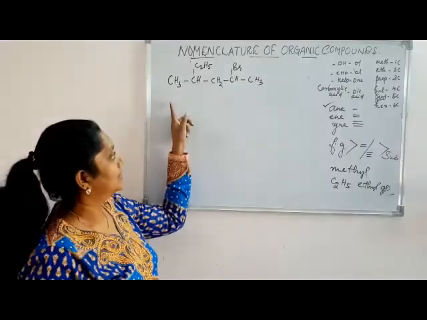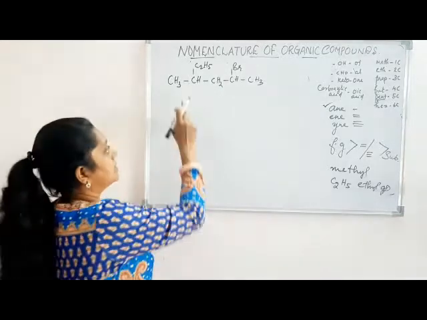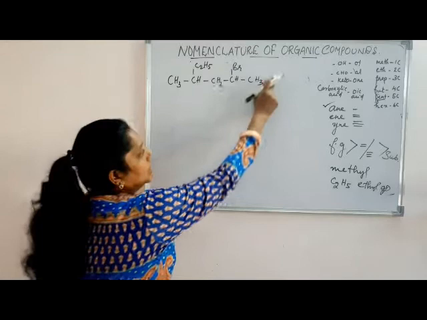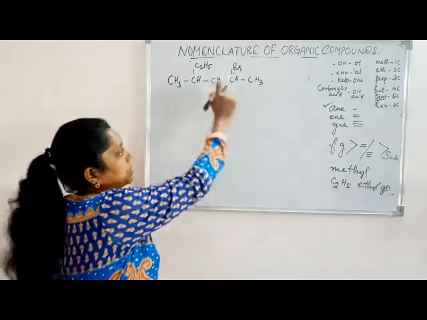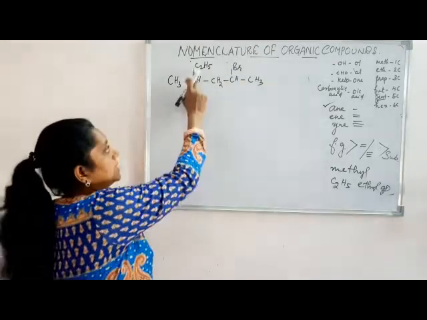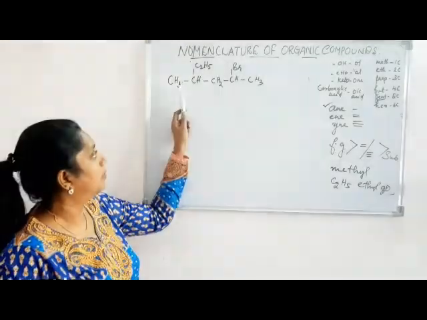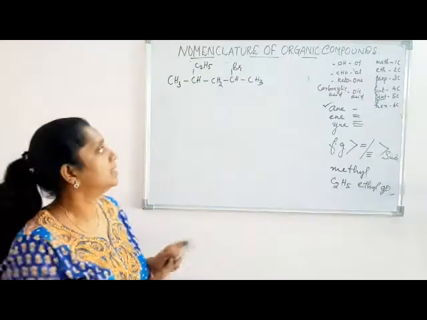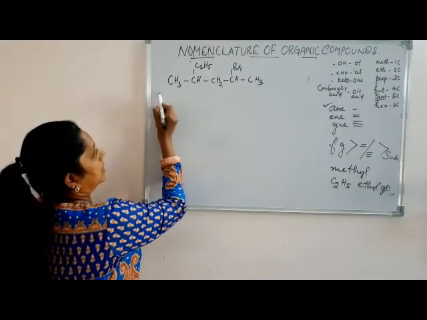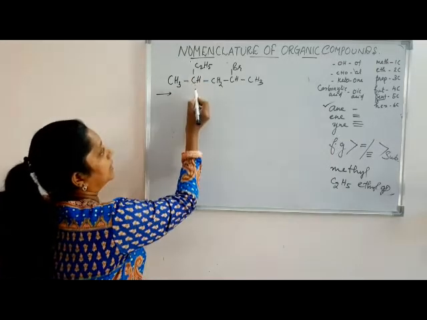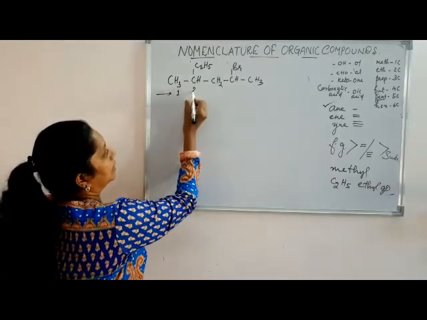Okay. This is the next compound. It contains how many carbon atoms? 1, 2, 3, 4 and 5. So this is the longest chain and two substituents are present here. One is the ethyl group and the other is the bromine atom. But both the substituents are in the second position. If we are numbering from one side, the carbon atom with the ethyl group will get the second number.